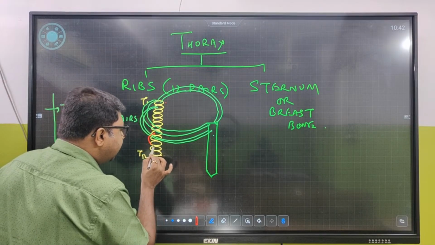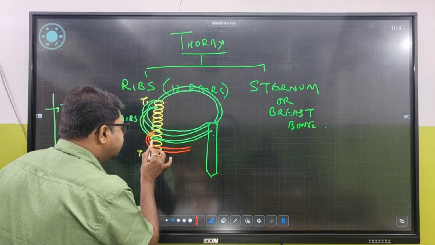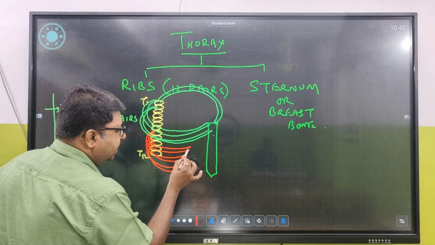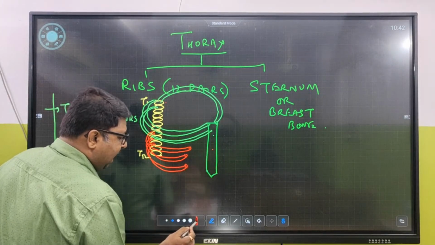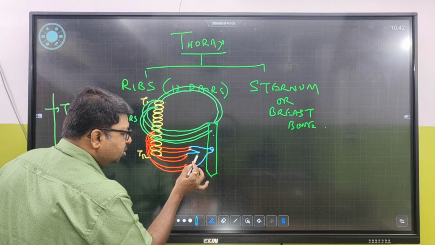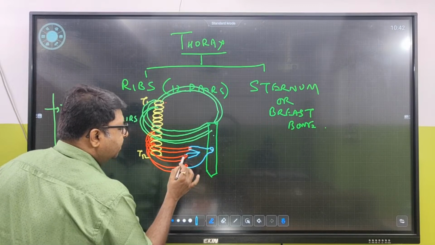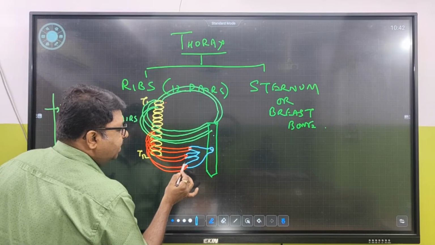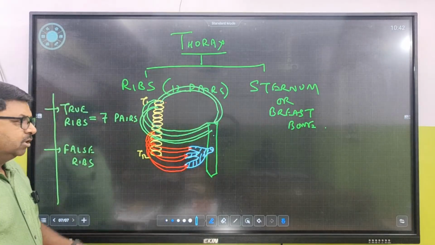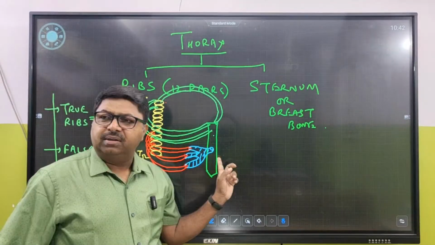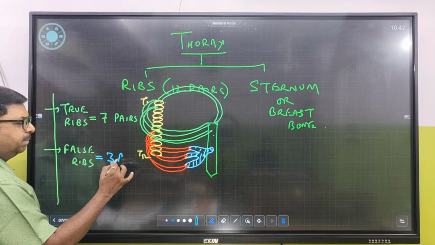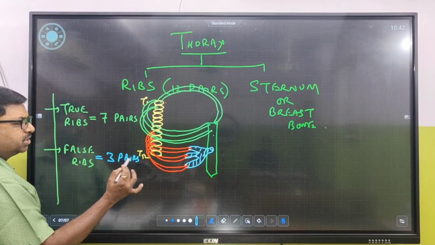Right from T8, T9, and T10, these 3 ribs never get directly attached with the sternum, but they join with a cartilage, and this cartilage joins directly with the sternum. So the bone is not directly linked with the sternum, but these are the 3 pairs of false ribs, connected with the cartilage.